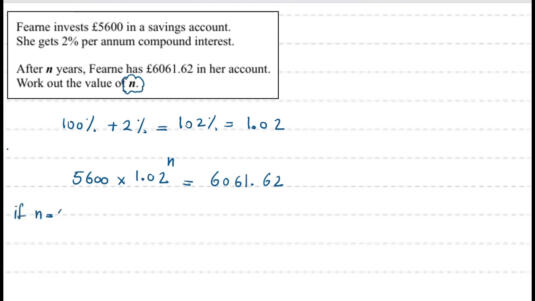If n equals 5, then we write 5,600 times 1.02 to the power of 5, and that gives us £6,182.85. So that's not good.